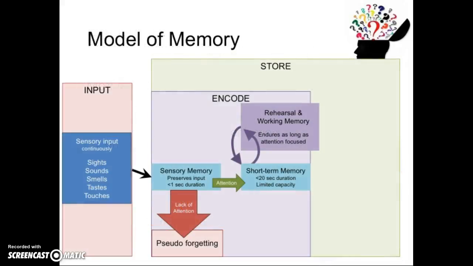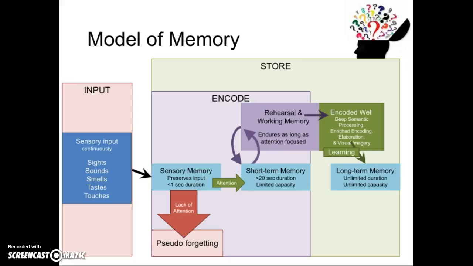So at this point, we have covered the importance of doing something with memory when it's in working memory to encode it well, which is what actually creates a retrievable memory code that's stored in long-term memory that hopefully we will be able to retrieve.